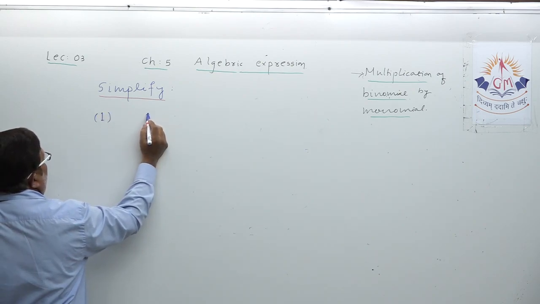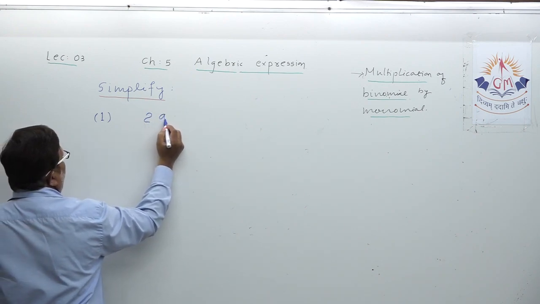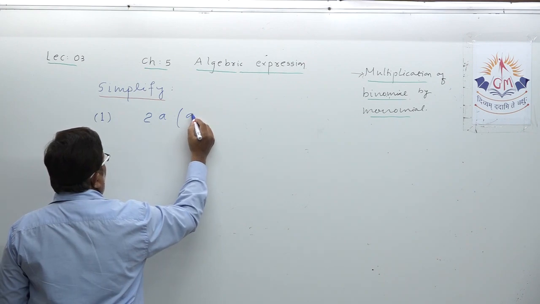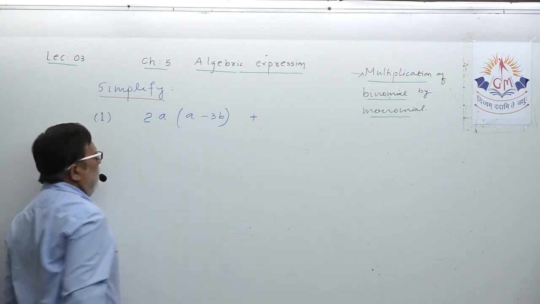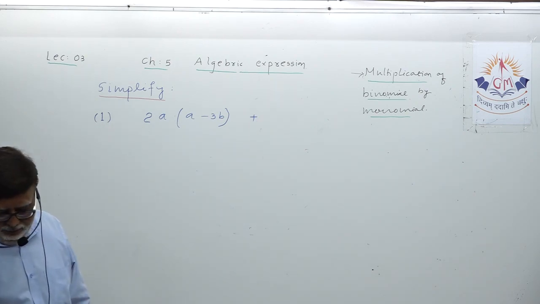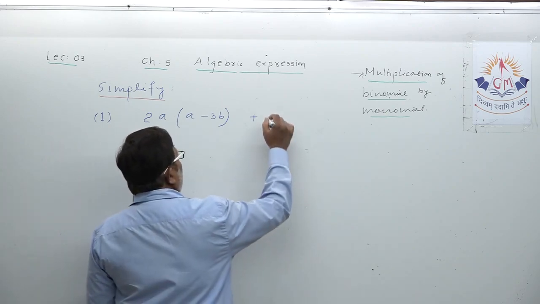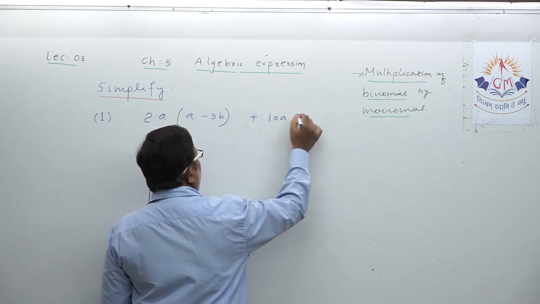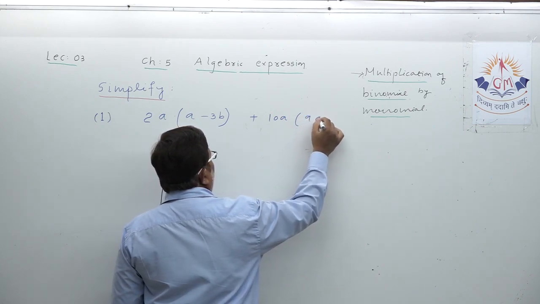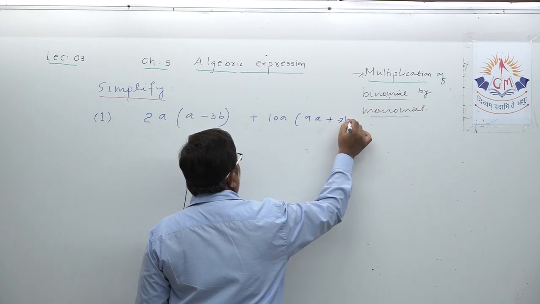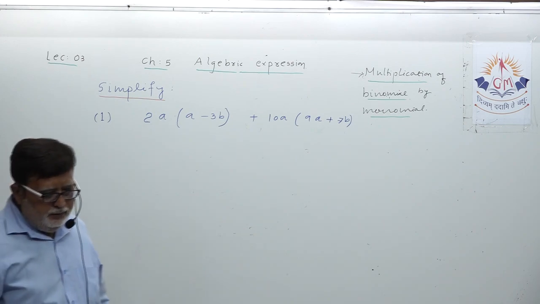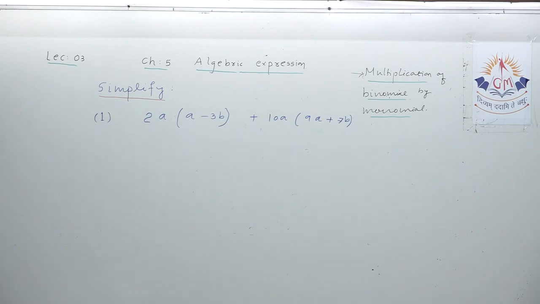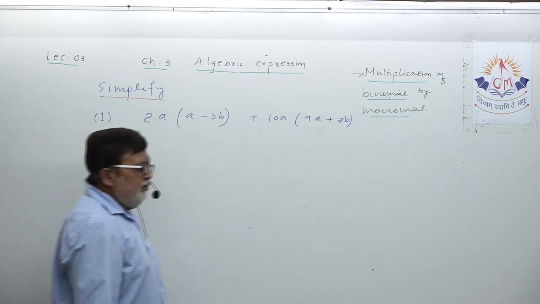Suppose I write, please write with me, 2a into (a minus 3b) plus 10a into (9a plus 7b). First verify the example, dear student. Before I start explaining this particular example, be very watchful what is actually given in this example.